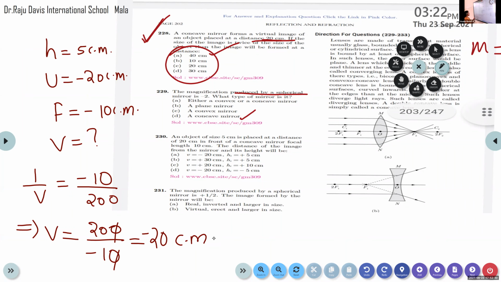So the image distance V is equal to minus 20 centimeter.